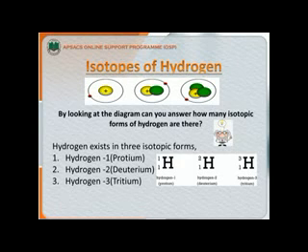The atomic number is the same in all the isotopic forms, but the mass number varies. That is, in one form it is 1, in the second form it is 2, and in the third form it is 3.